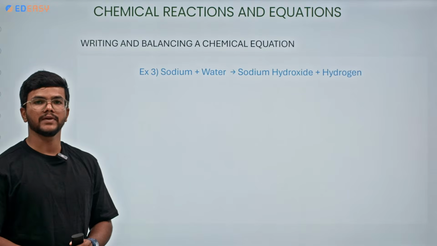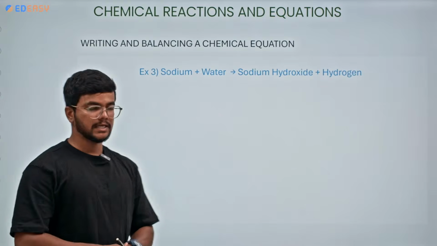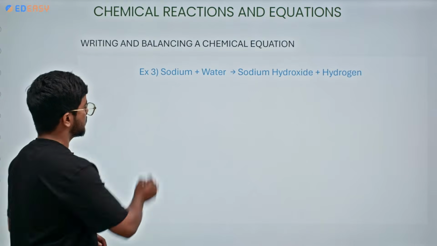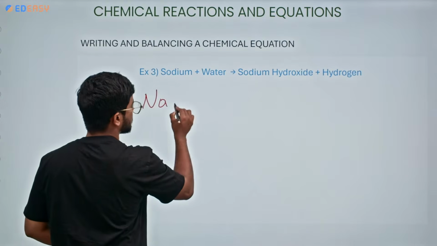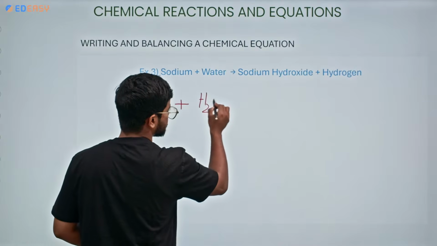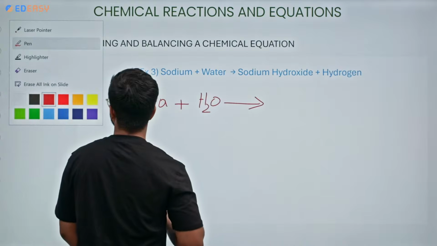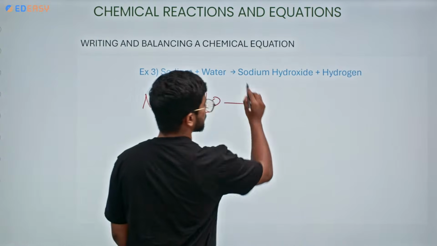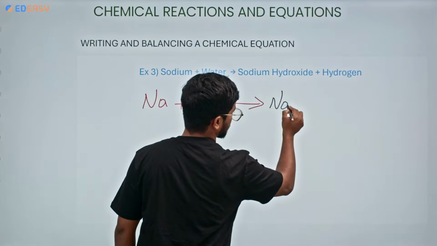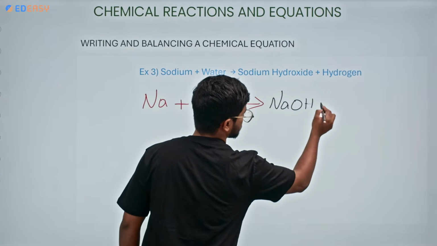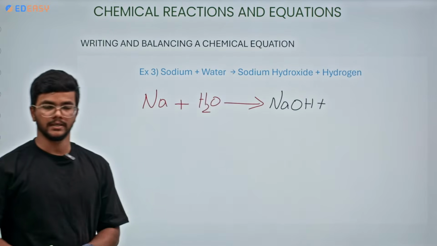Next, we have another equation, that is sodium plus water. Sodium is nothing but Na, plus water is H2O, gives sodium hydroxide. What is the formula of sodium hydroxide? NaOH plus hydrogen.